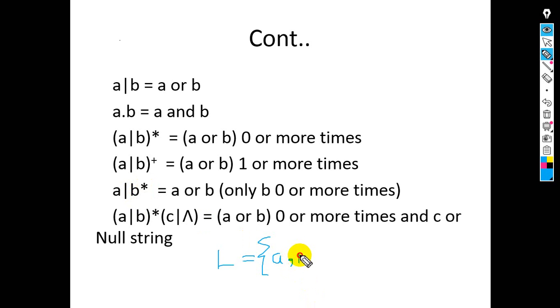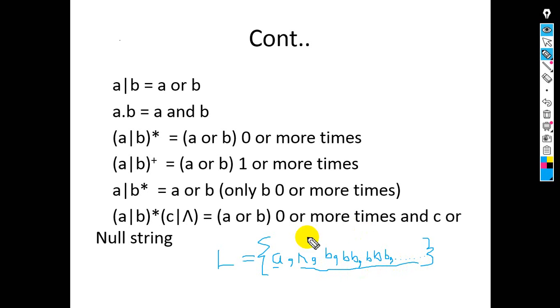First of all we will write the null string for B. Then B will be repeated 1 time, 2 times, 3 times and so on, comma, and then we have unlimited repetition of B. Okay, that is B star. Got it? If you have any questions, then you can ask.